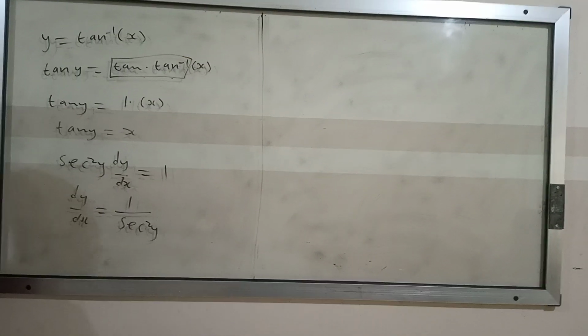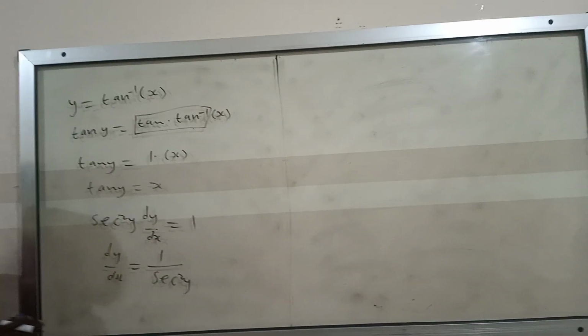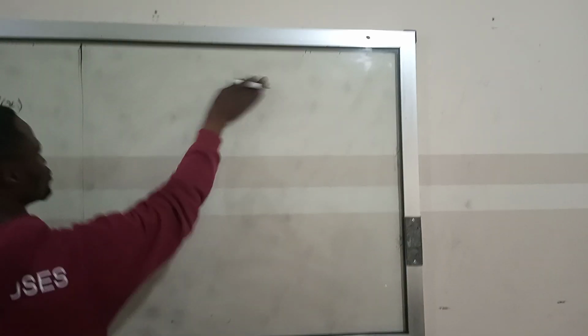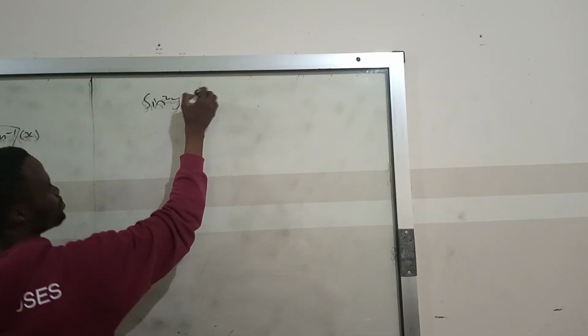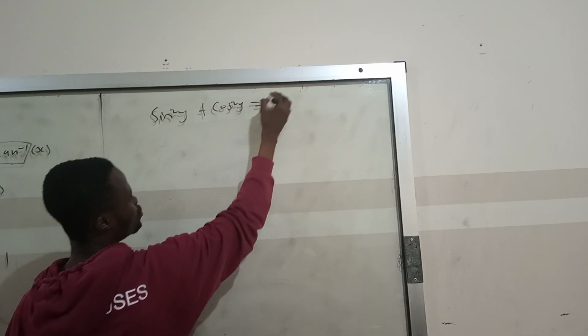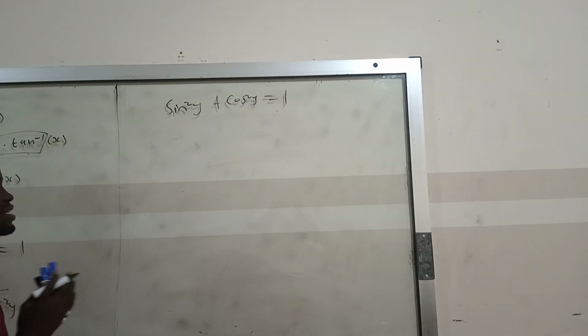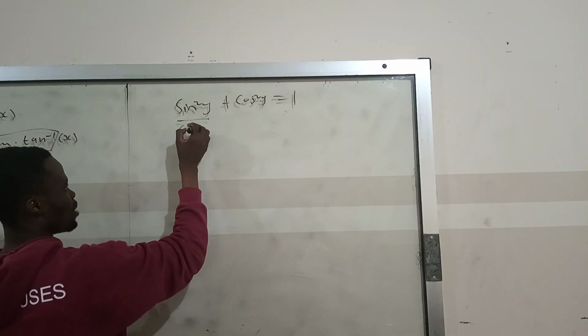Okay, so here simple. We are not interested in this y, so we have to use an identity, and the identity is always sin square y plus cos square y equal to 1. For this identity, we divide both sides by cos square y.